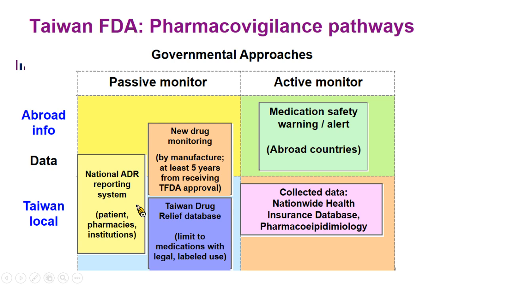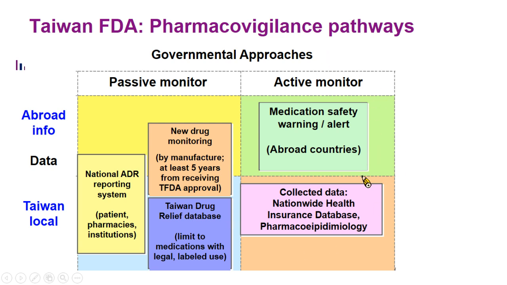So if any adverse event happens with these COVID-19 oral antiviral drugs, then this Taiwan Drug Relief database would not have those data and would not provide reimbursed payment to the patients or the patient's family. Alright, so this is the passive monitor pathway.